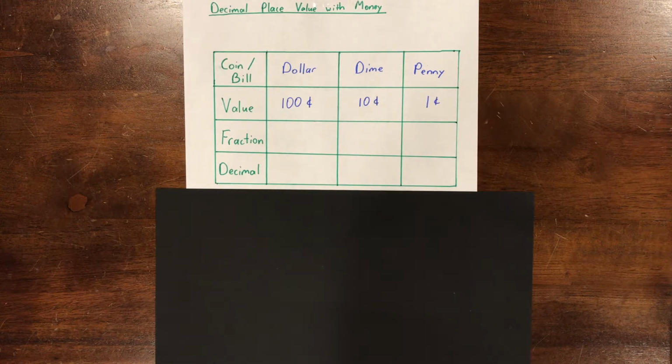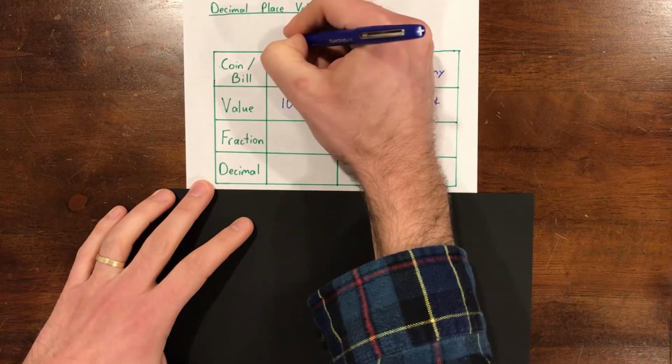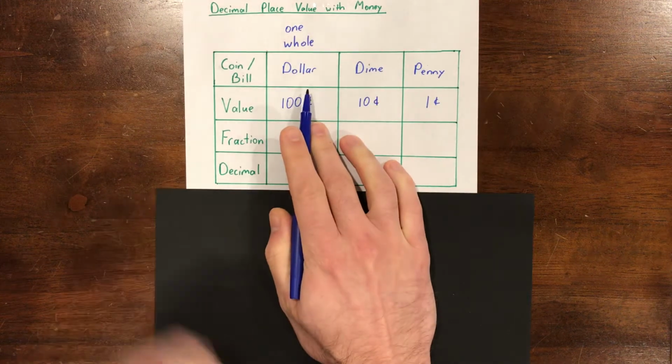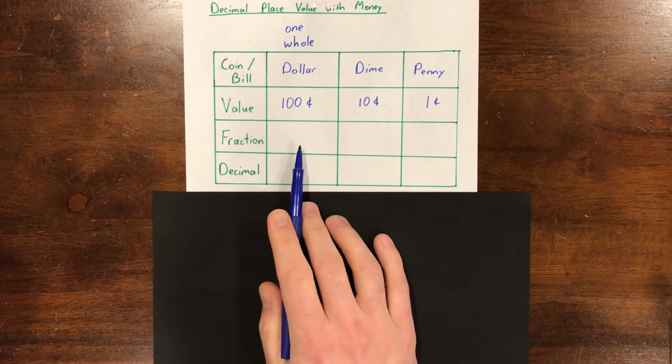Okay, so if we think about a dollar as, we'll call this one whole. Okay, a dollar is our whole. How would you represent that as a fraction? And why would that work?